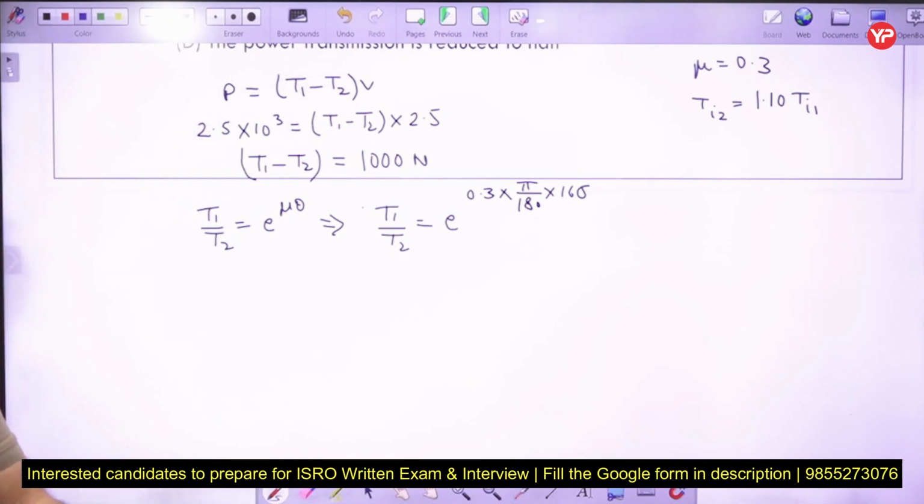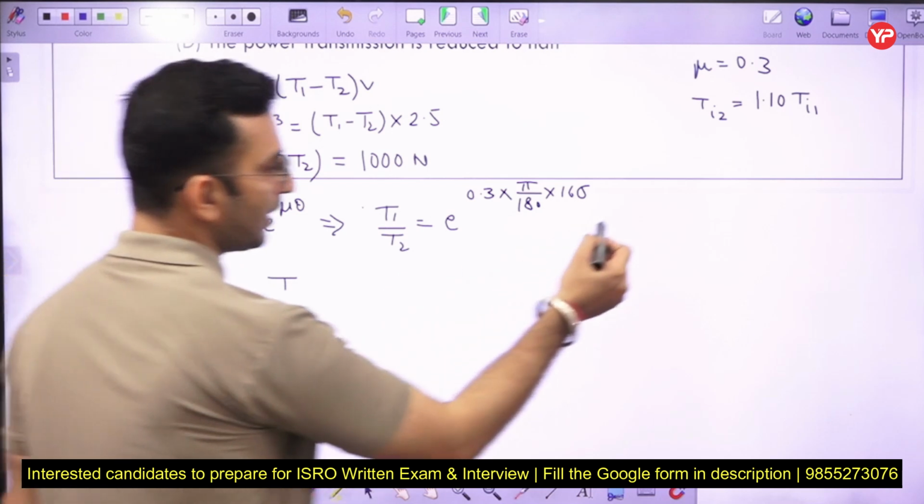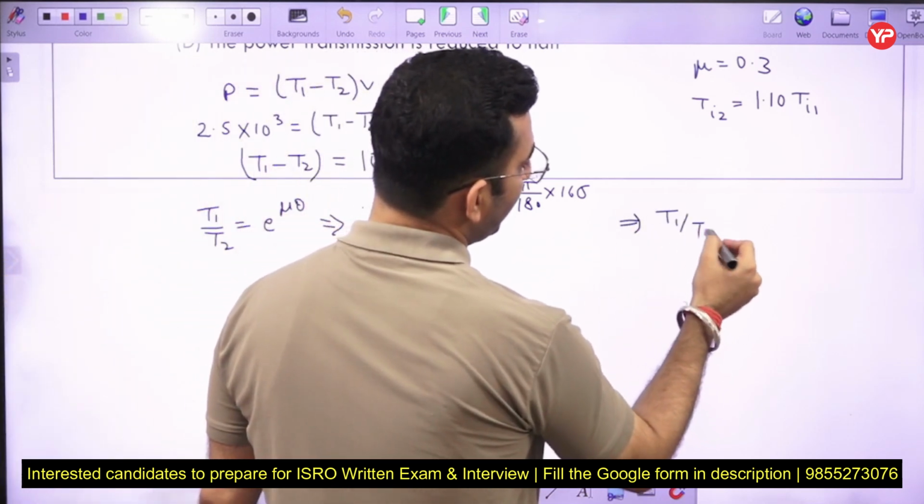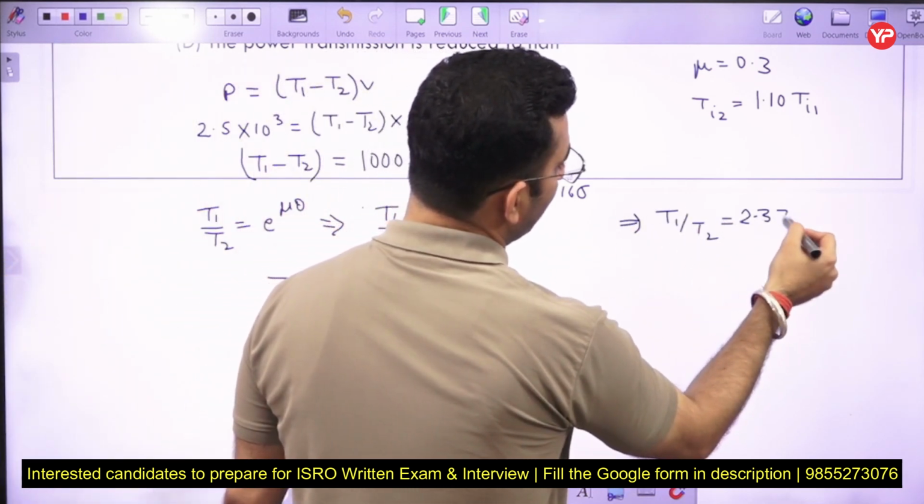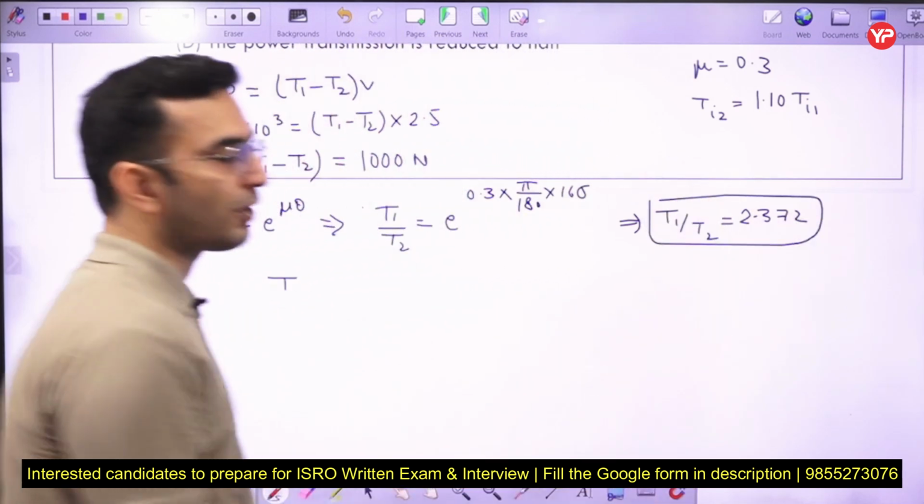Okay, so you are going to get the relationship of T1 by T2 as 2.372. You are going to get this particular relation here.